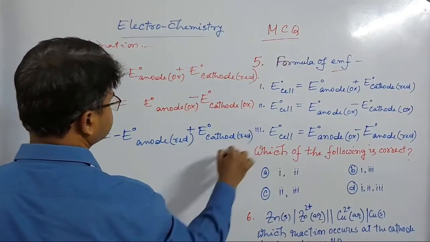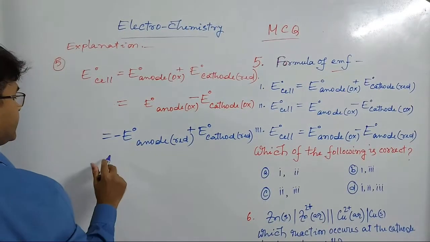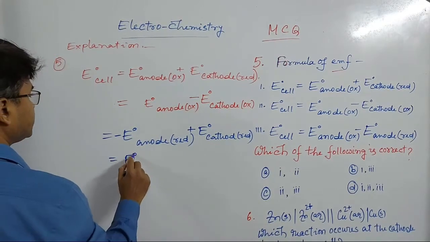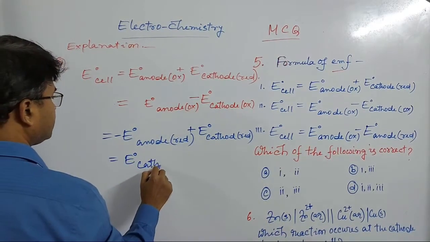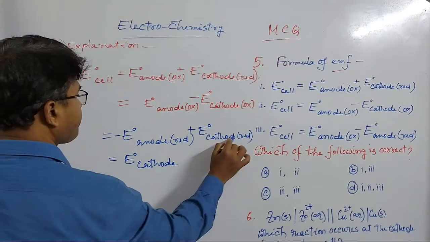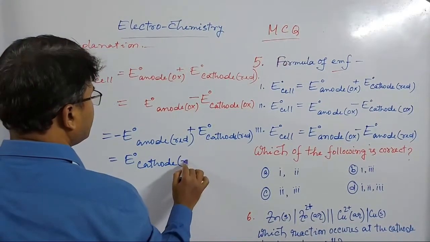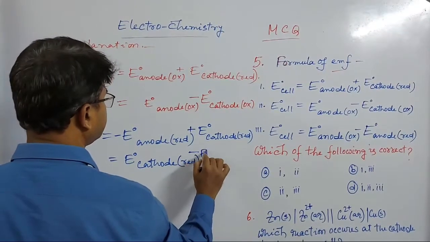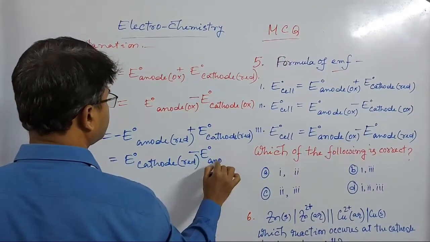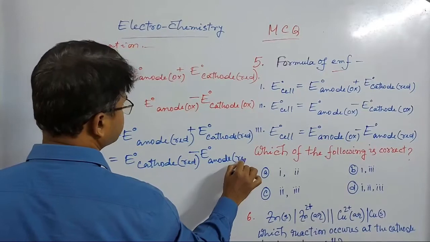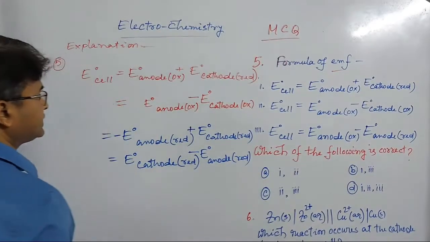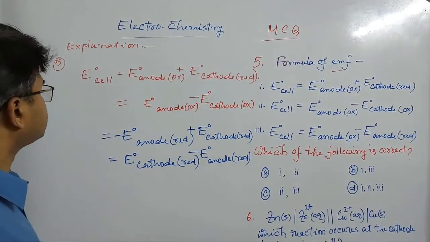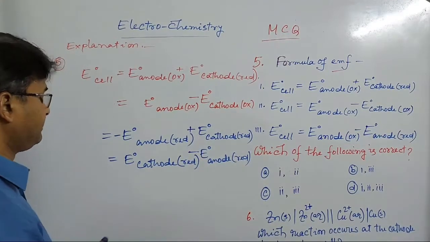So I can rearrange here cathode reduction minus anode reduction. So this is another state of cell potential, I mean EMF.